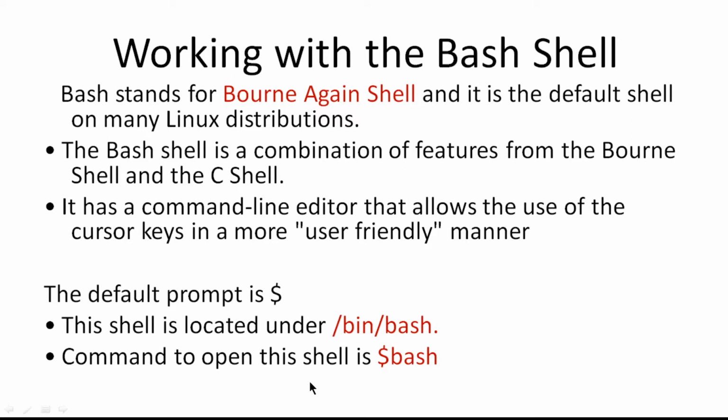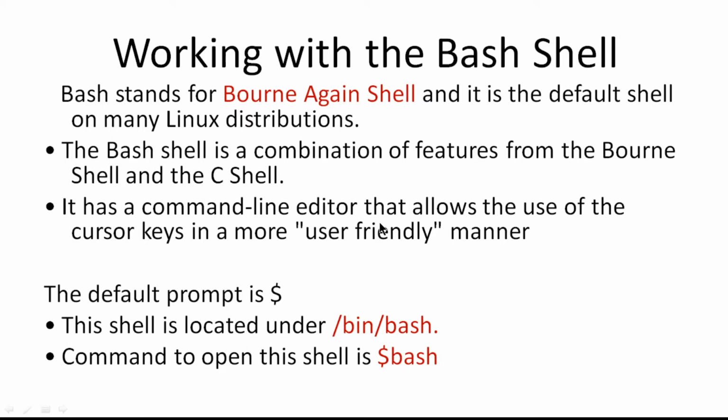After discussing all the different shells, let us discuss working with the bash shell. So what is bash? Bash is defined as Bourne Again Shell, and it is the default shell on many Linux distributions. It has features of the Bourne shell as well as the C shell, and most of the commands are very user friendly.